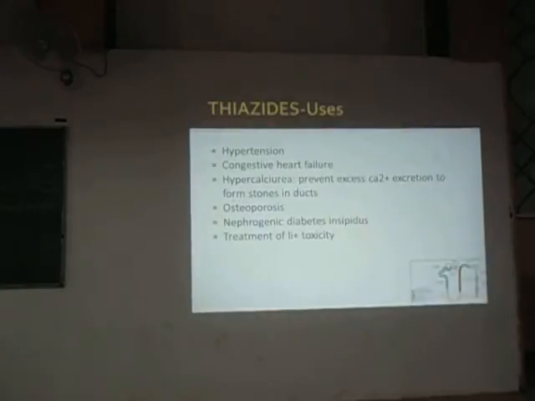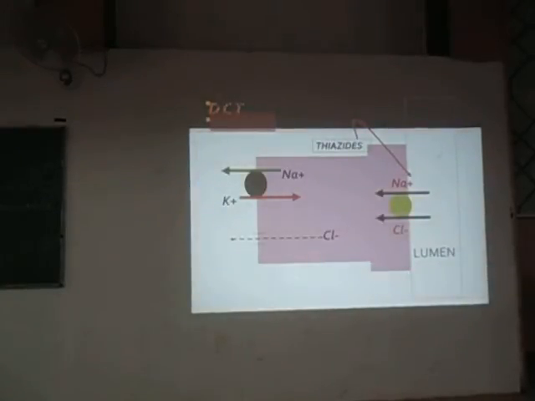Once they are blocked by thiazide, there will be stoppage of calcium entering through the channels here. They will be transferring the calcium, but the sodium input for the sodium-potassium ATP system to work is decreased.